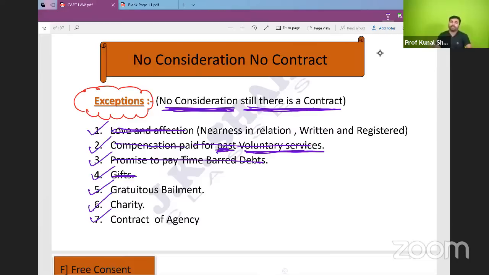In 2020, I did not repay the loan back to Mr. Karthik, which means I have done a breach of contract, which means Karthik is an aggrieved party. Karthik can file a case against me maximum within 3 years, that is on or before 2023. If Karthik fails to file a case on or before 2023, then later on, Karthik cannot file a case against me. Because in the eyes of law, the debt is declared as dead by law.